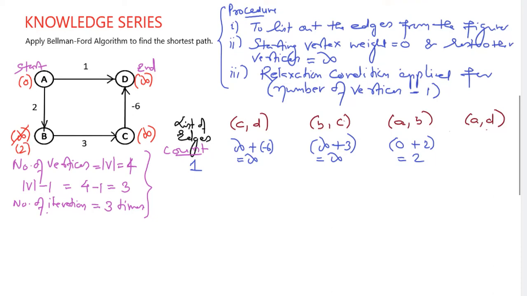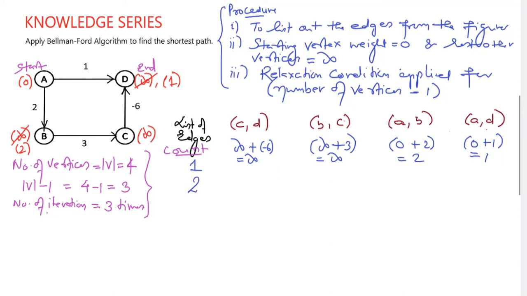Now AD. AD is 0 plus 1, that is equal to 1. So we relax this one to 1. The first count is over. Now we go to the next count, 2.